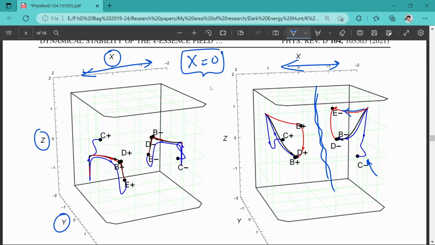No trajectory for any initial condition can cross the x equal to 0 barrier, because our system has x prime equal to 0 when x is equal to 0. This is small x. Whenever you have this kind of scenario, you can say that this is an invariant manifold. So x here is acting like an invariant manifold. Whatever is happening in the positive direction will never affect the negative direction, and vice versa.